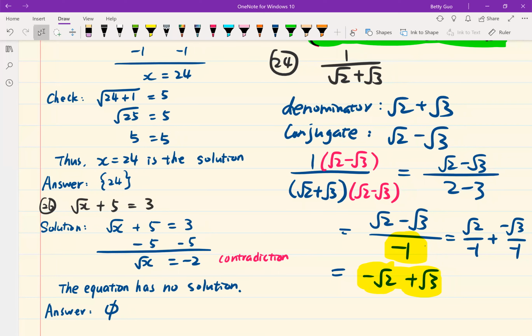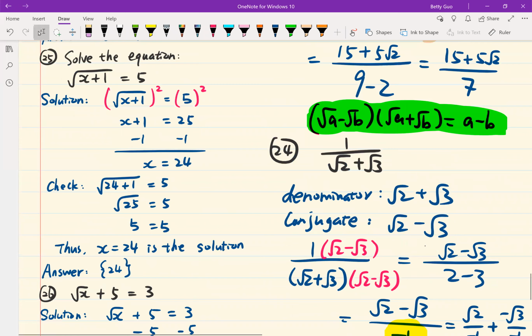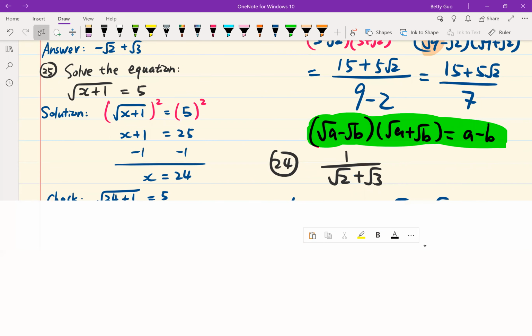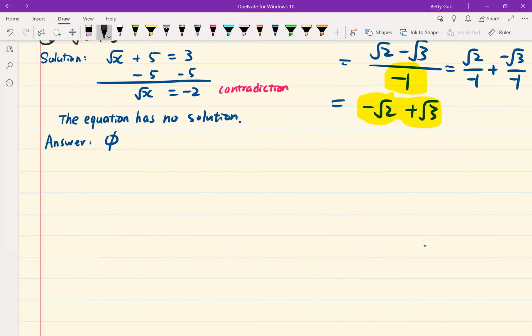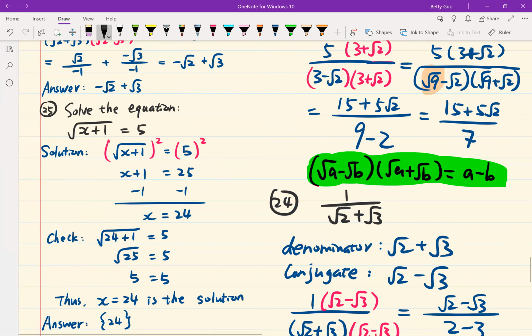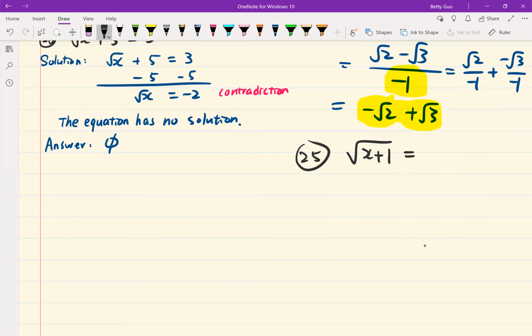Number 25. The last two questions are solving radical equations. Number 25, let me copy it. It is square root of x plus 1 equals 5.